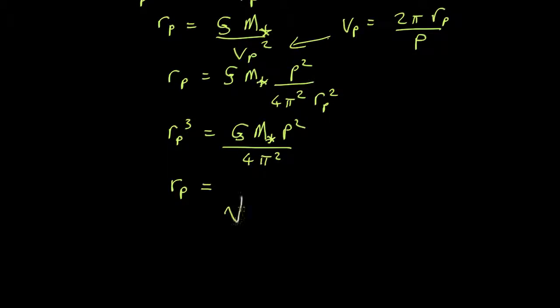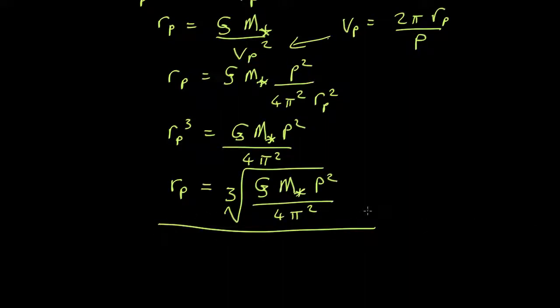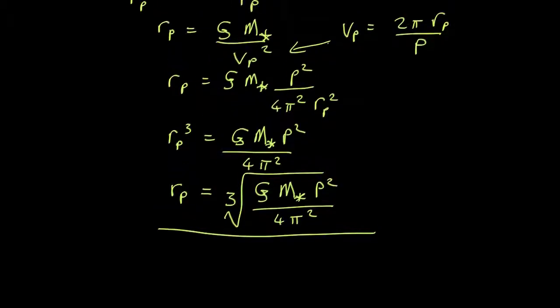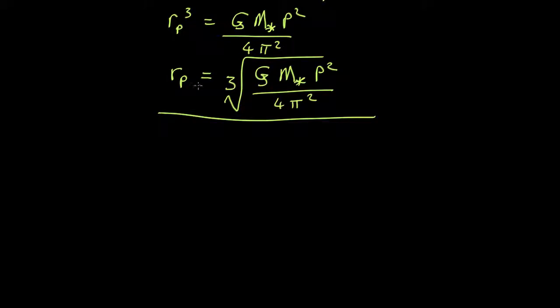And that's going to be equal to the cube root of all this. Neat. So that means if you work out the period with which a star is oscillating backwards and forwards, and you know the mass of the star, that's all you need to work out how far away the planet is from it. Rp being approximately equal to the sum of r star plus rp.